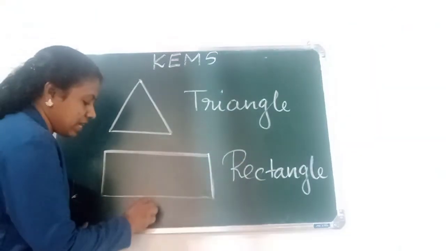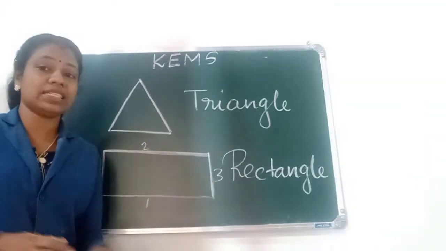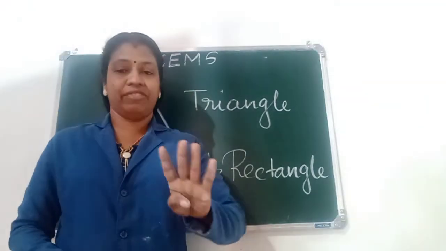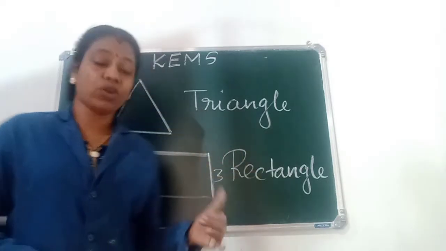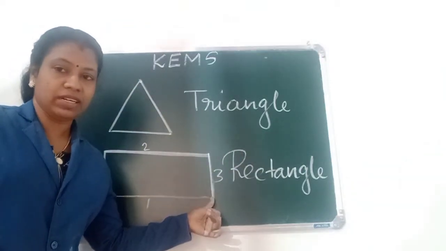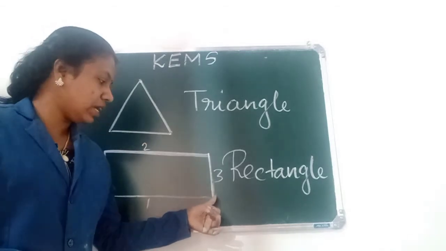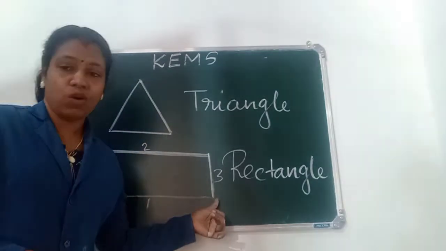These are the four sides. It has four corners. This is one corner. You know the word corner or vertex. So it has four corners.